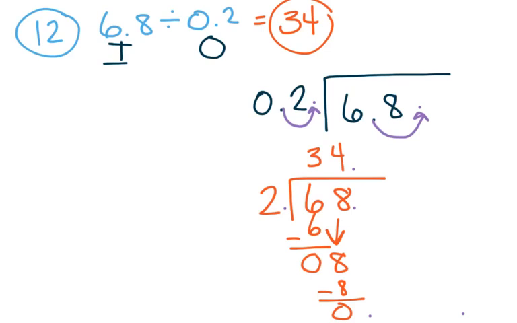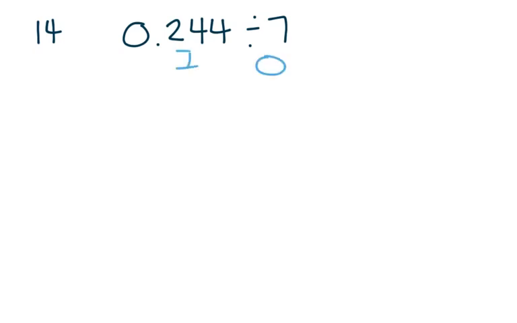Okay, let's do another example here. Let's look at number 14. Number 14 has 244 thousandths divided by 7. Okay, inside, outside. So you will have the 244 thousandths inside.